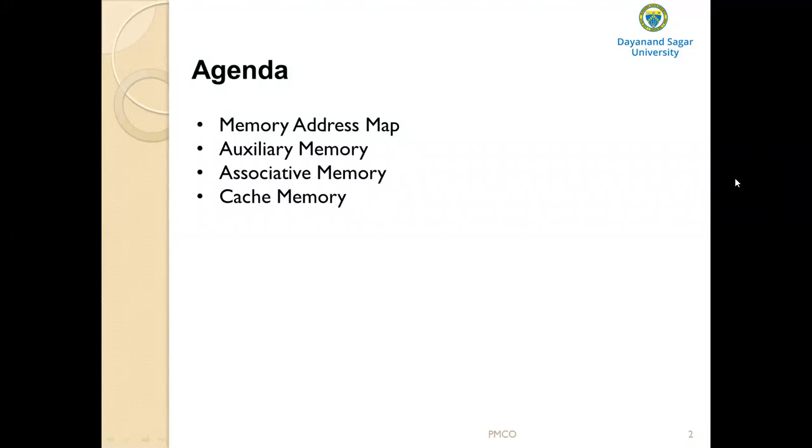Their combinations allow us to select the memory operations like memory read or memory write. Then we have two other inputs, read and write, to choose either read operation or write operation on the memory. Similarly, the ROM chip is also organized in a similar manner.